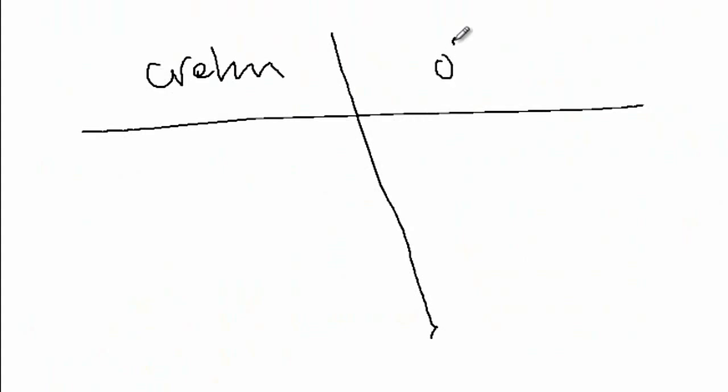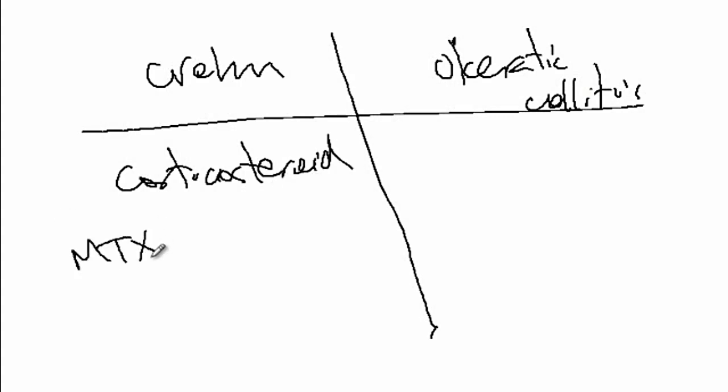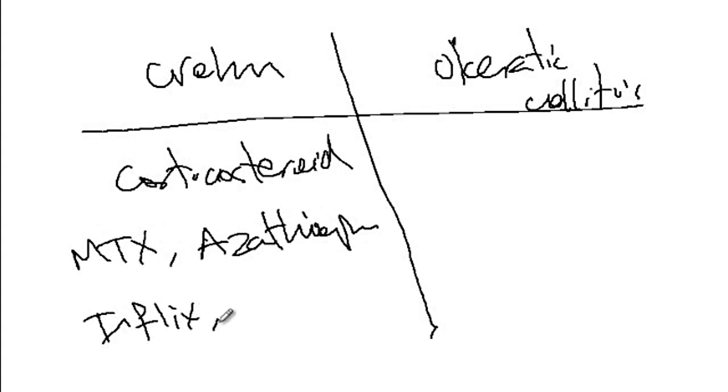For Crohn's disease, you can treat these patients with corticosteroids, with immune modulators like methotrexate or azathioprine, and then finally you can treat them with infliximab or adalimumab.